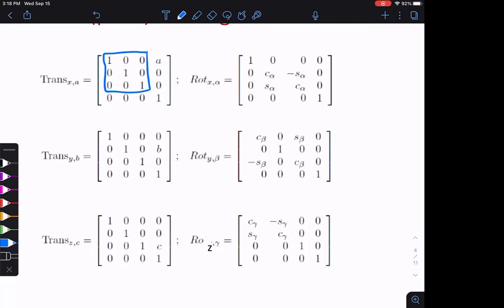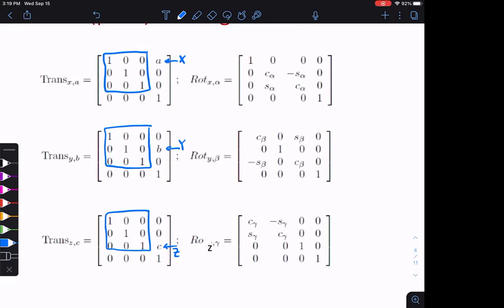If you have pure translation, as in these 3 basics, you're always going to have identity on the rotation part. This is X, this is Y, this is Z, translation along. If you have translation on X, Y, and Z but no rotation, all 3 of those get values, but this stays identity. Make sense? You're looking at them separately, but you can always mix them. You're basically adding them together.